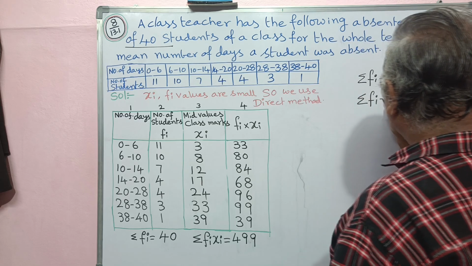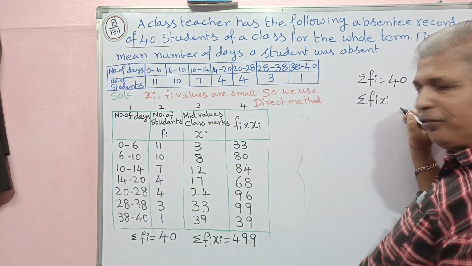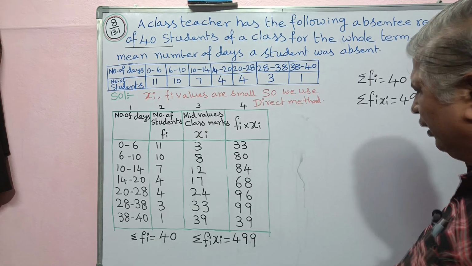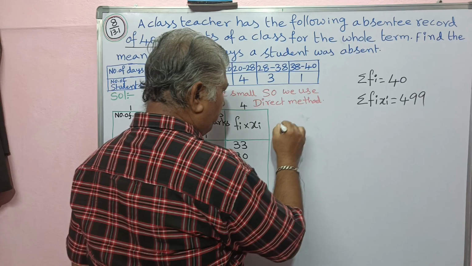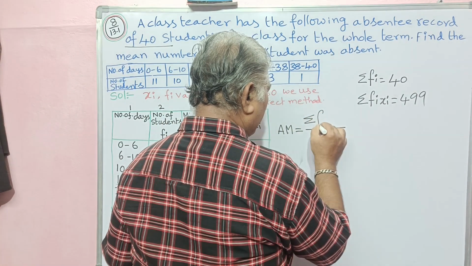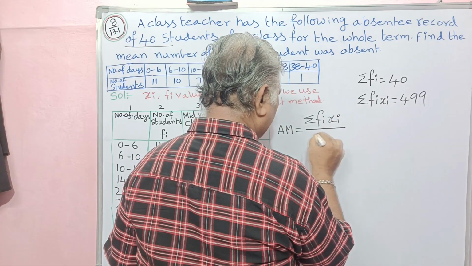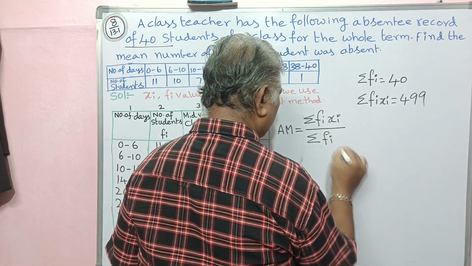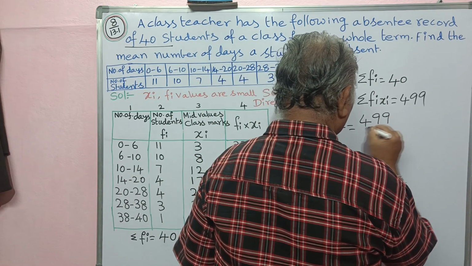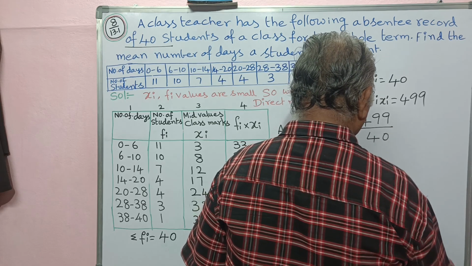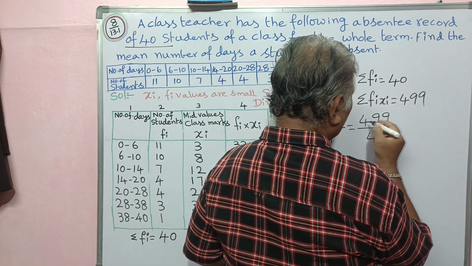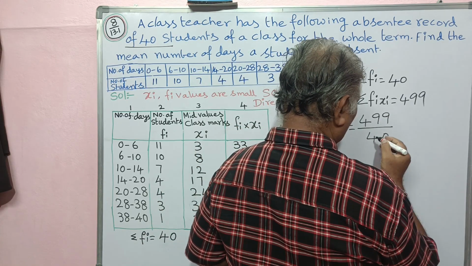Now, the arithmetic mean is equal to sigma fi xi by sigma fi, that is equal to 499 by 40.